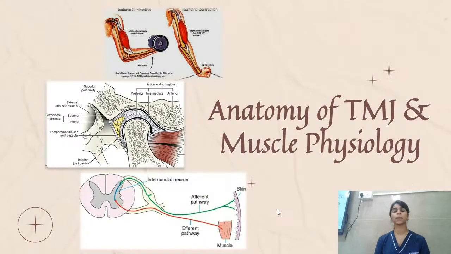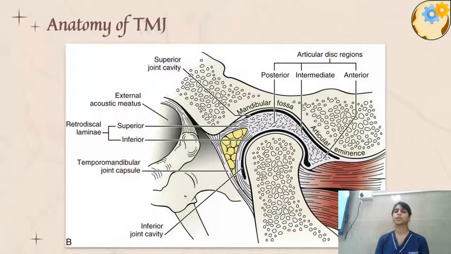So, before we talk about different appliances and their mode of action, let's first discuss the anatomy of TMJ and the muscle physiology. TMJ, as we all know, is the temporomandibular joint. It consists of the mandibular condyle and the glenoid fossa. It is a synovial joint, a diarthrodial joint.